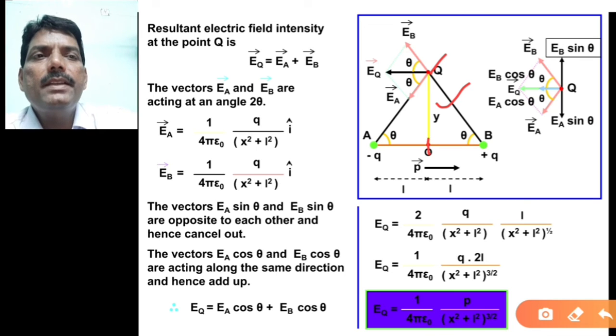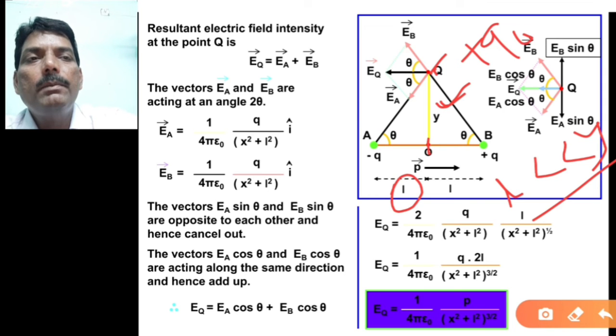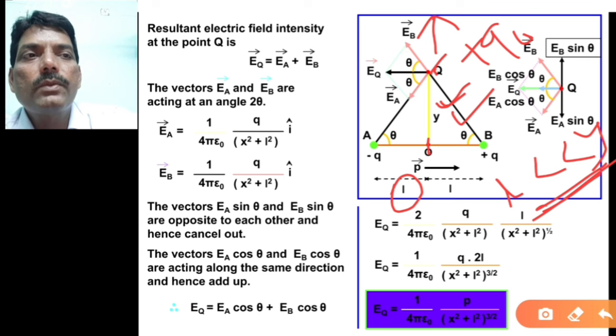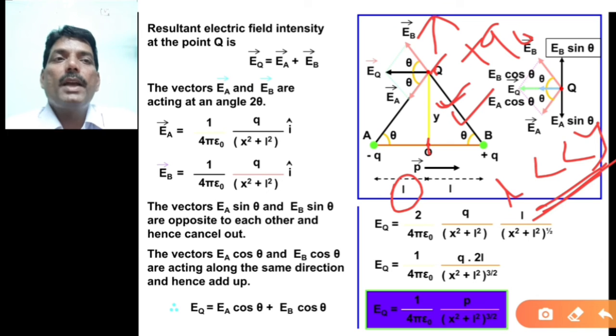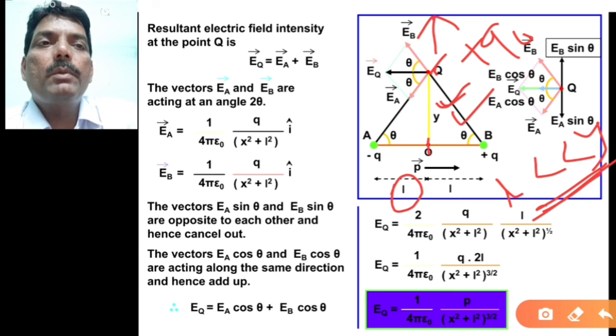If I take the dipole length as L, then L is very much less than y, that means the test charge Q0 is kept very far away. So y is always very much greater than L, the length of the dipole.